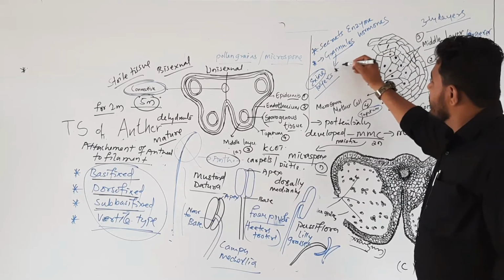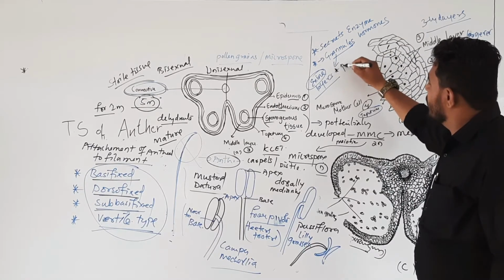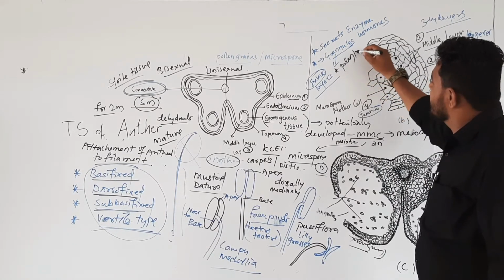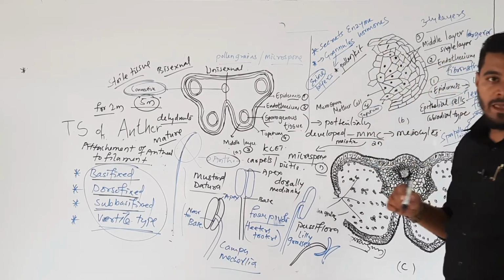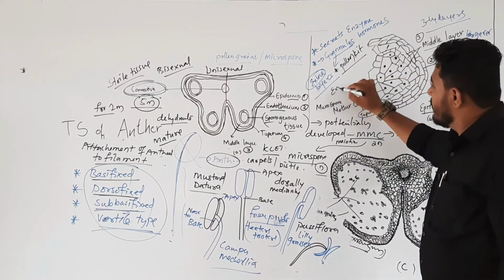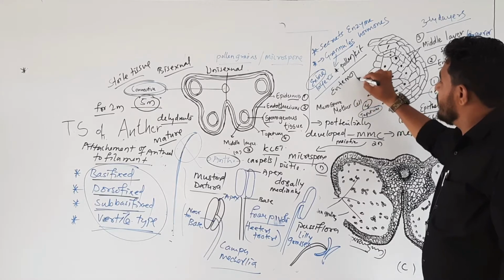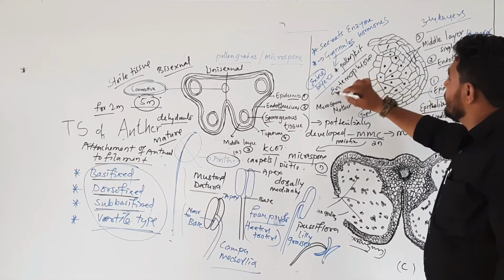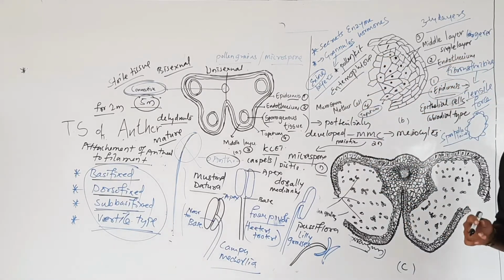Next, it also secretes pollen kit, in the case of entomophilous plants. Entomophilous plants means the plants which are pollinated by insects.